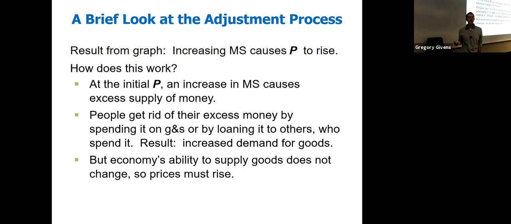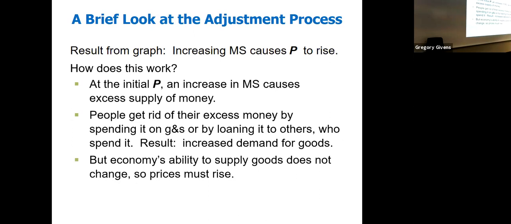And again, this links back to stuff we talked about earlier in the semester. The economy's ability to supply goods and services is not affected by the money supply. Remember when we spent a couple of class periods talking about the Solow growth model?